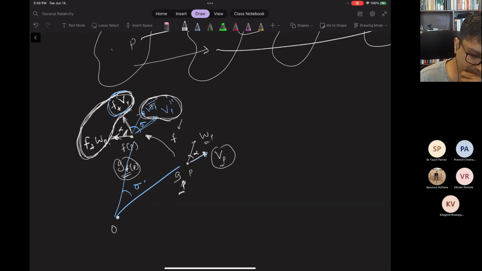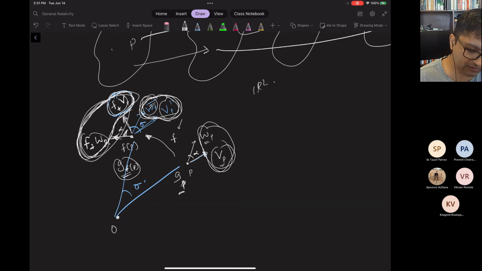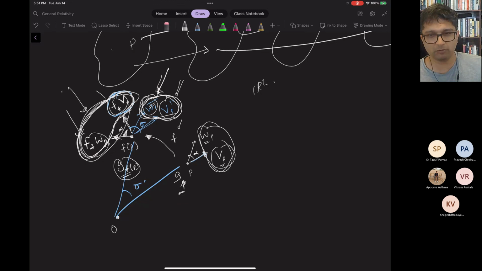In the case of a rotation in two dimensions, you can see that this inner product is the same as this, and this inner product is the same as this, but this vector is not the same as this vector, although the inner products are the same. What's the difference between the push forwards and the parallelly transported set? The push forwards are rotated by an additional angle theta, but the inner products are still preserved.